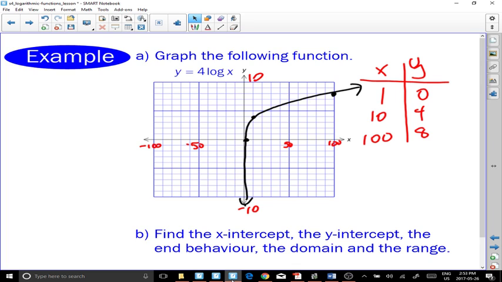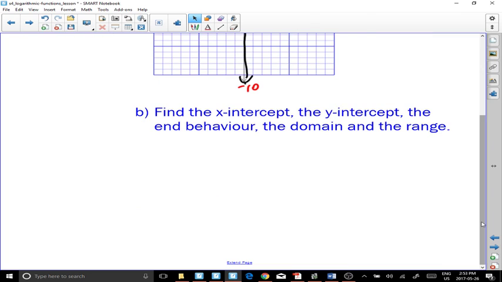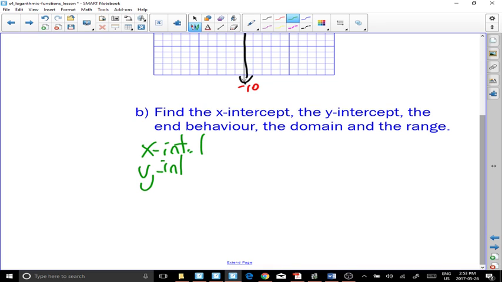Now let's do part B. The x-intercept, the y-intercept, the end behavior, the domain, and the range. So, what's the x-intercept? X-intercept's at 1. What's the y-intercept? None. What's the end behavior?